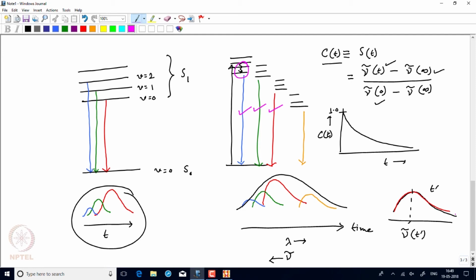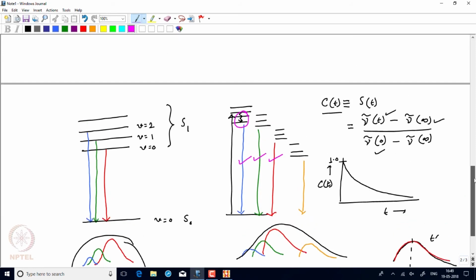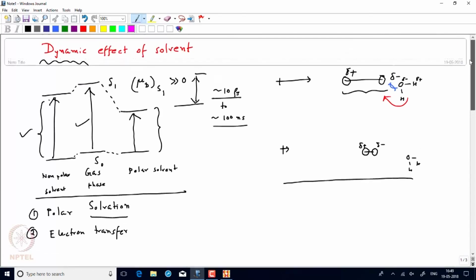For example, there could be very fast motion of the solvent, so that, suppose as I drew earlier, initially there is a situation where the dipole has been created because the solute has been excited and the solvent around it did not have enough time to reorganize themselves, and they find that immediately after the excitation there is a huge unfavorable interaction.